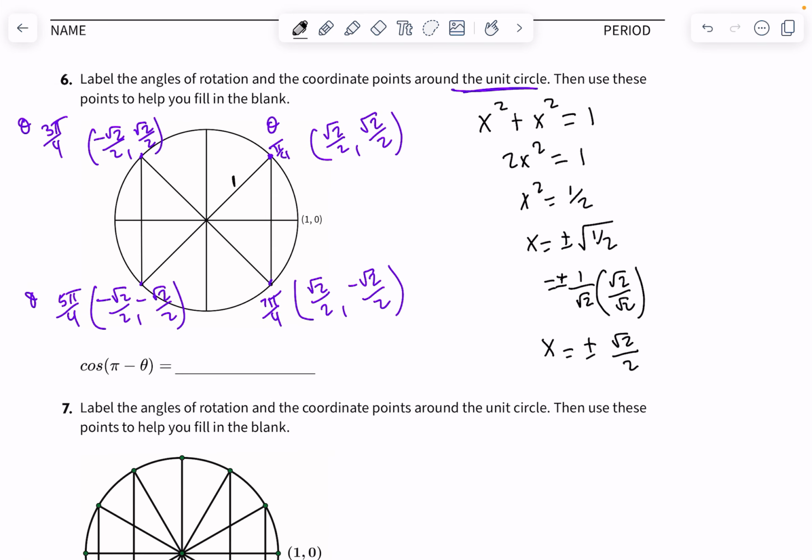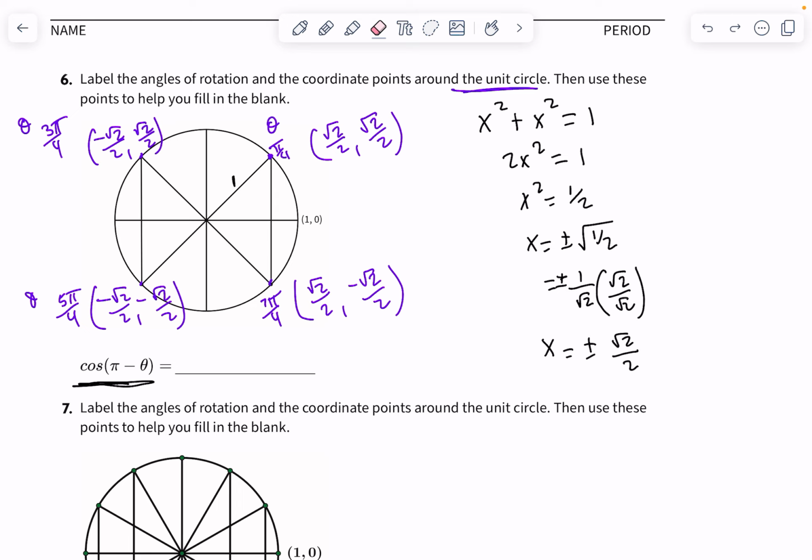Now we need to think about this a little bit more. Okay, so now cosine of pi minus theta. That should ring a bell because we've been doing a little bit of that in the beginning. So let's think about this angle, right? Angle pi minus theta represents a counterclockwise rotation of pi radians, minus this angle. So where does that place you?